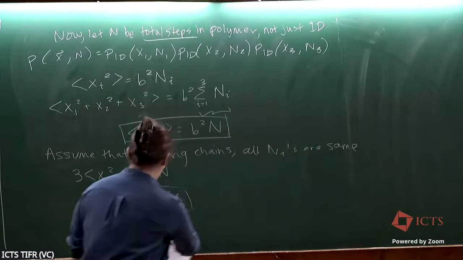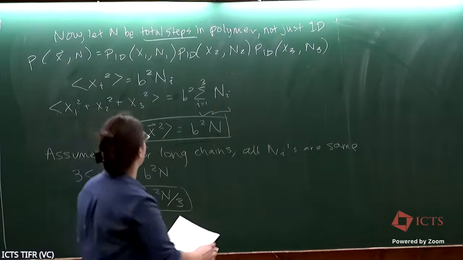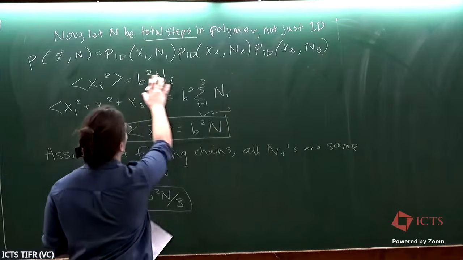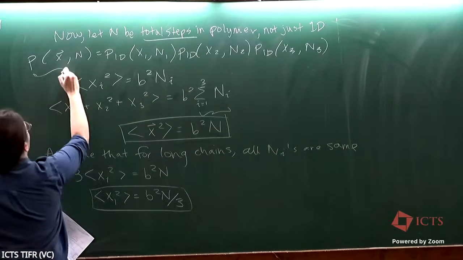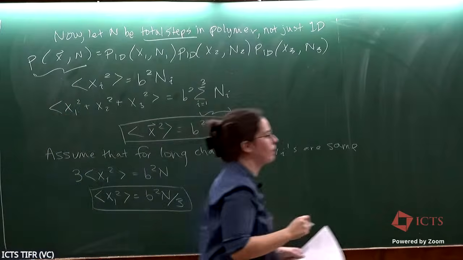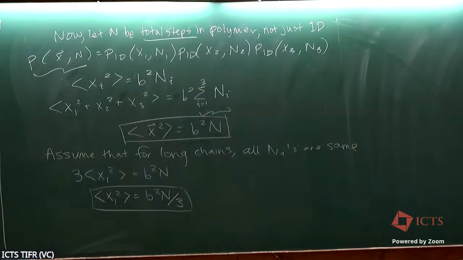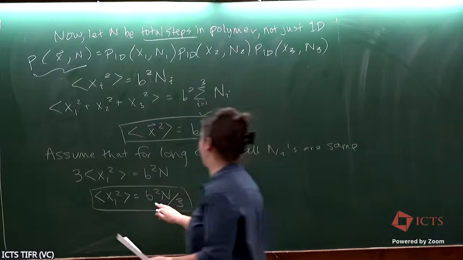Okay, so now that we have this, we know everything that we need to create the full 3D picture, just using this 1D distribution that we now have, the Gaussian version from before. So we're just going to multiply 3 of those together. And in each dimension, this is the variance.